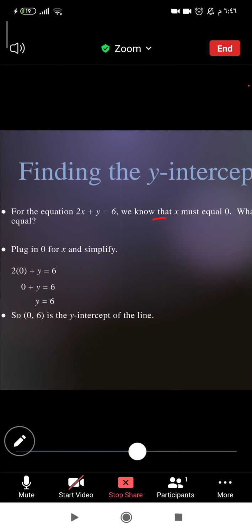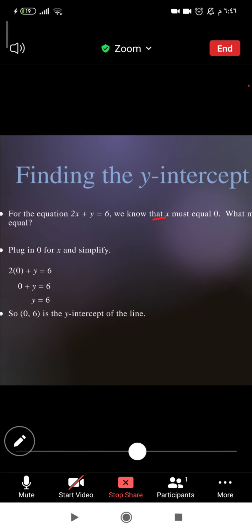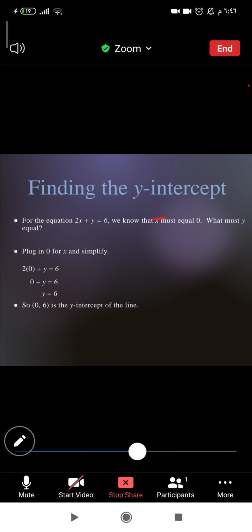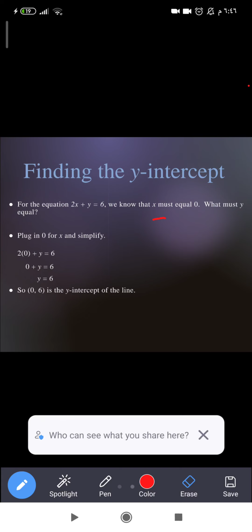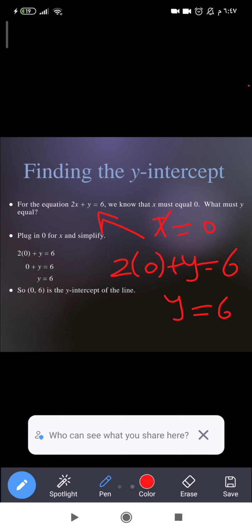Another example to find the y-intercept. When we want the y-intercept, we always plug in the equation x equals 0. Now plug in the equation 2 times 0 plus y equals 6. So y equals 6. Now x is 0 and y is 6.